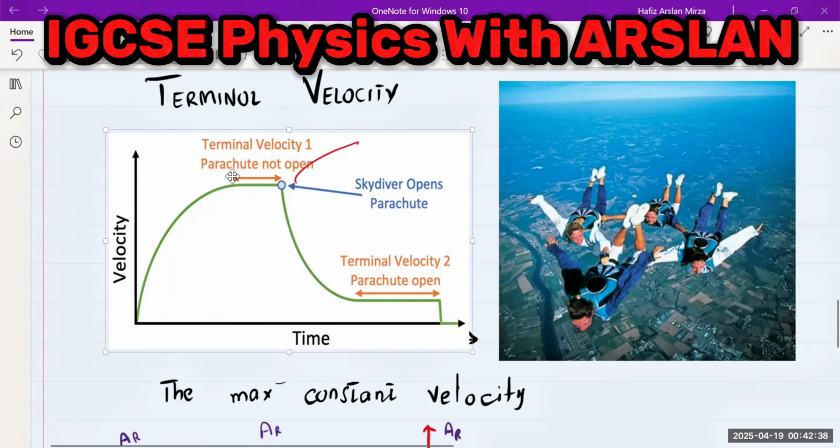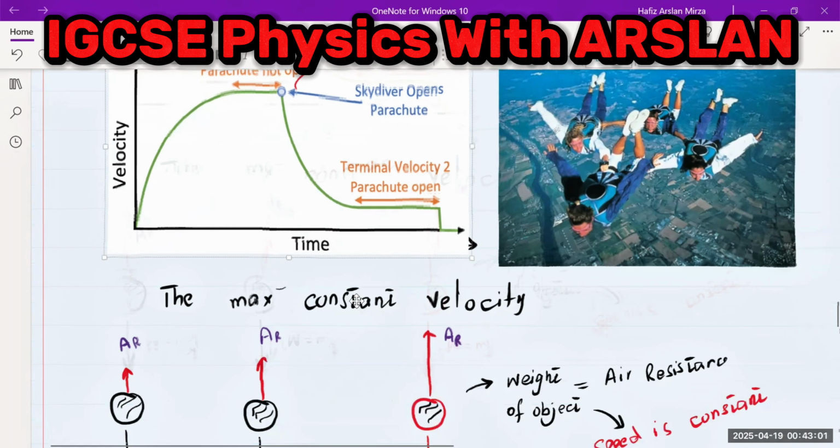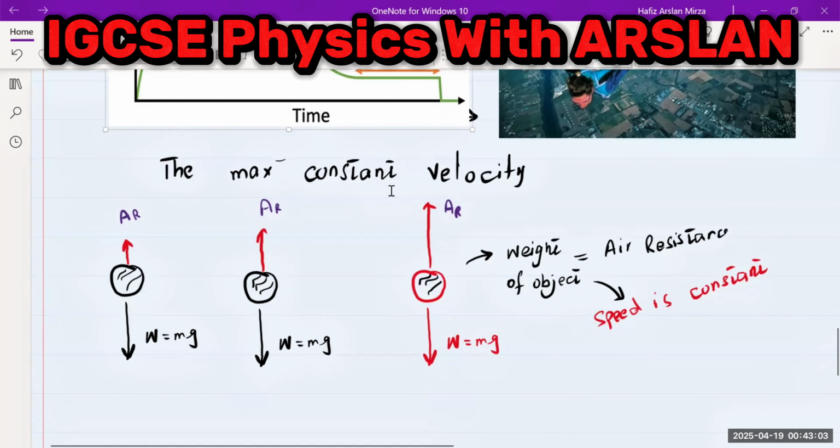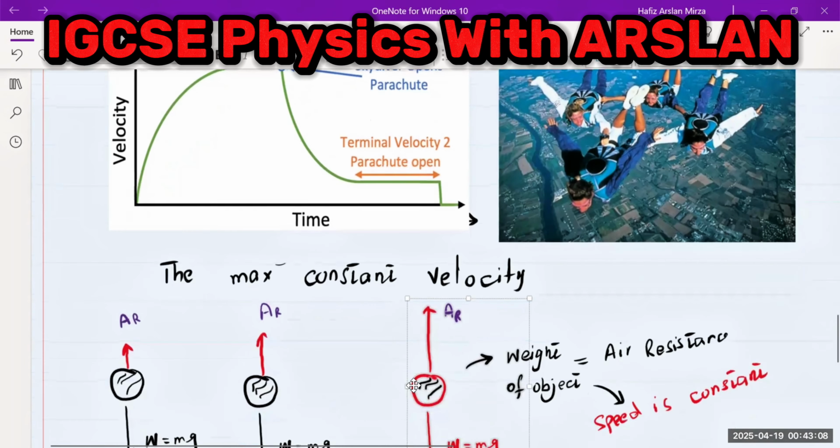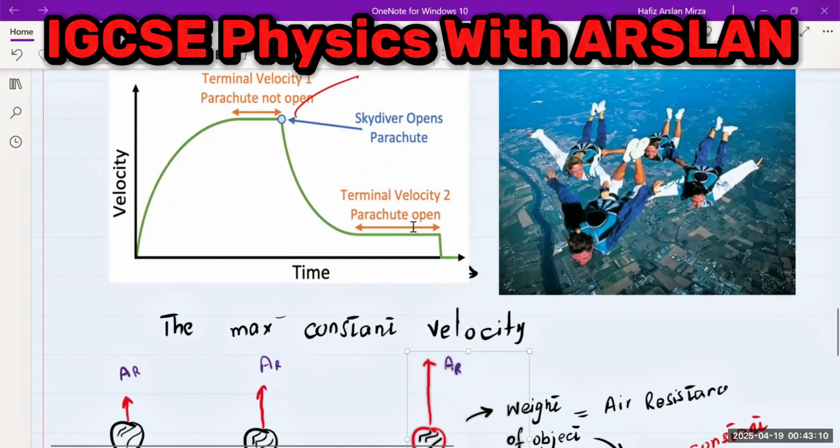Constant velocity means the velocity is not changing. In this brown color, you can see the constant velocity is called terminal velocity. When they open the parachute, the velocity suddenly decreases because air resistance increases. Then again the same case: the weight and the air resistance will be equal, so the speed will be constant.